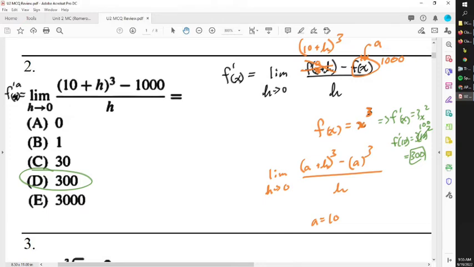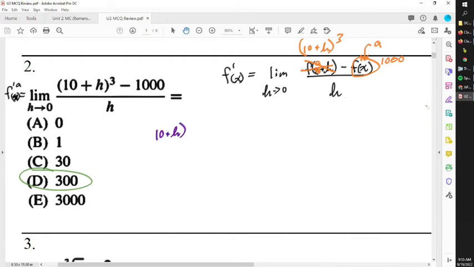Whoa. Some of you guys are like, oh, I multiplied this out to the third power. It works, but I wouldn't want to do that. The short way of solving this is finding the h and finding the a. If you can figure that out by knowing the definition and looking at what they're giving you, then you can take the shortcut, and the shortcut's the power rule. I like that.